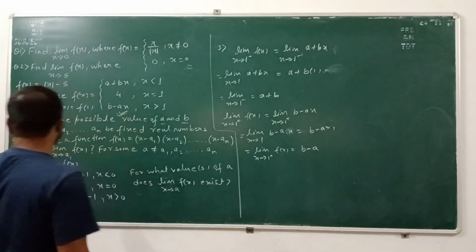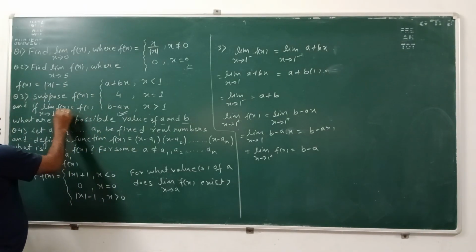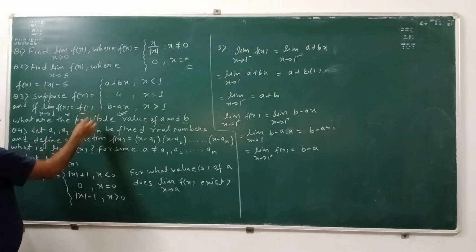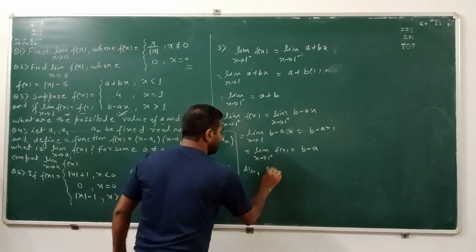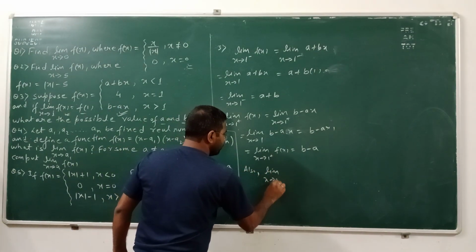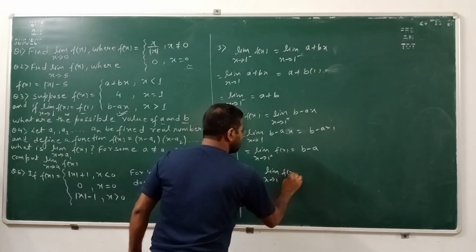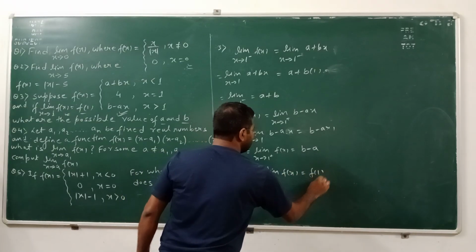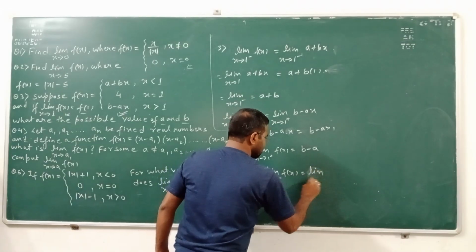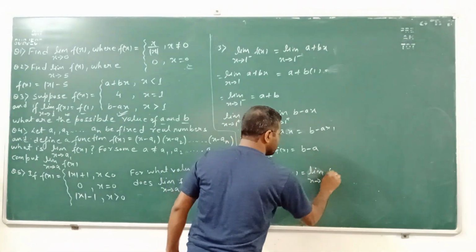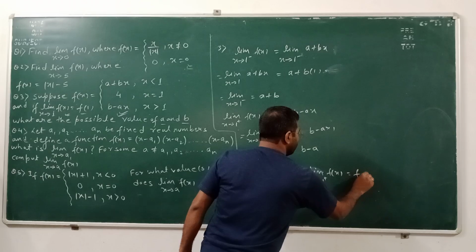Okay. Now here also it is given that limit x tends to 1 of f(x) is equal to f(1). So the limit from 1 negative and also from 1 positive will be equal to f(1).